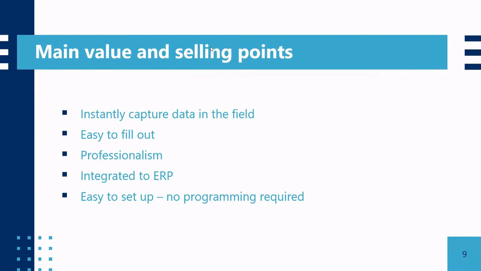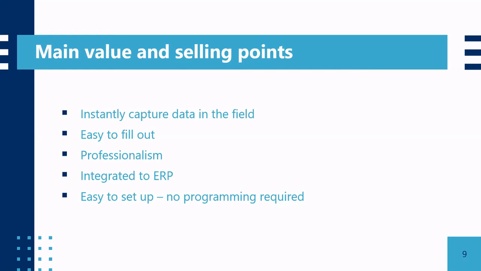So we're just going to go over a couple of the key points that we covered today. As you've seen, there's 5 main value points that we covered. The first thing is that you can instantly capture accurate data while you're out in the field, reducing the chances of lost information or errors.